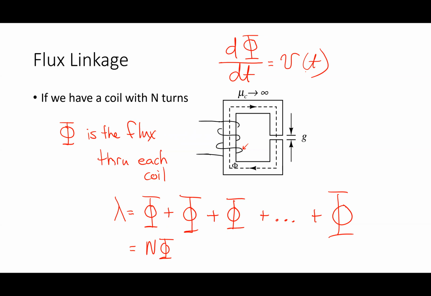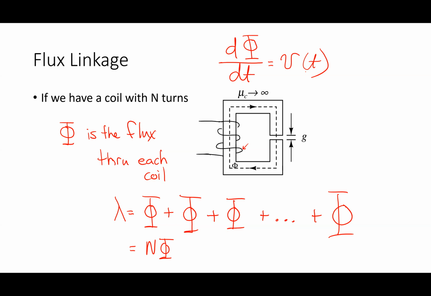So d phi by dt, the rate of change of flux, is equal to voltage. When I look at that picture, where I have all of those coils stacked on top of each other, if I looked at any one of the coils on this inductor and I were to cut that wire, there'd be a voltage on each individual wire. So this is like if I have N turns of wire, it's really like I have N inductors in series with each other.